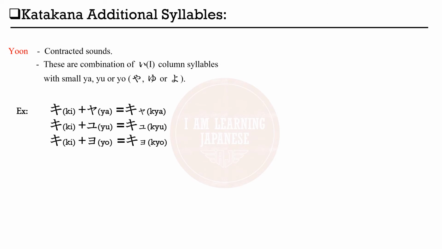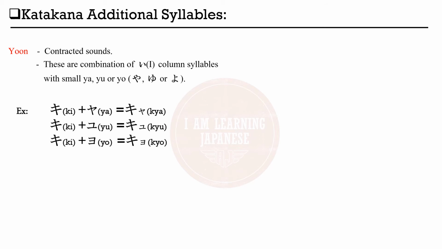Yoon. These are contracted sounds. These are a combination of i sounding, i column syllables with small ya, yu or yo. These sounds are nothing but sounds like kya, kyu, kyo, cho, sha.